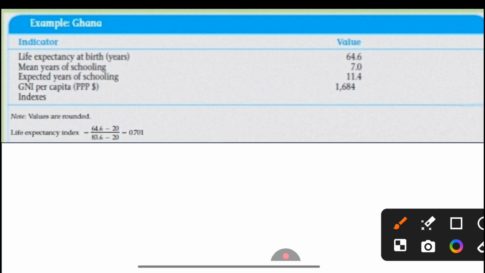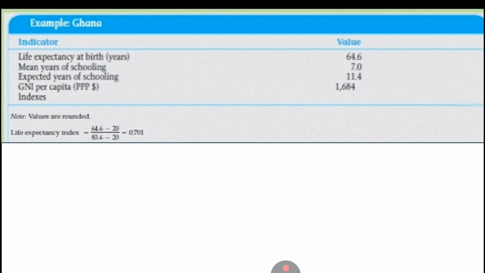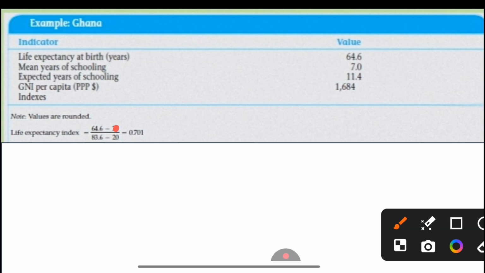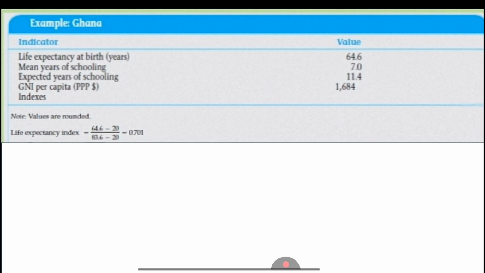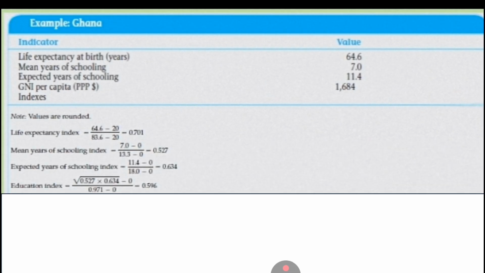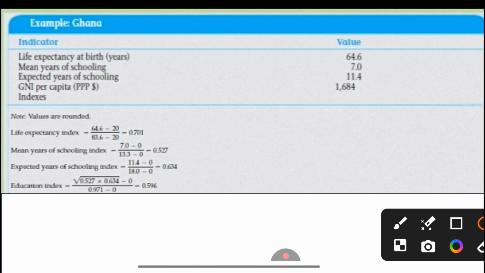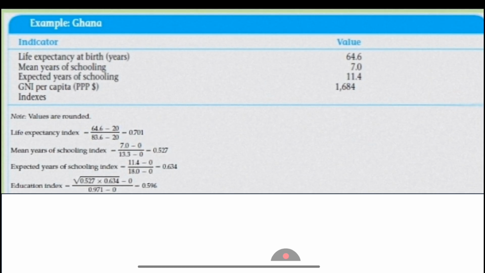Here we can see the actual is 64.6. We calculate the life expectancy index and get 0.701. Next is the mean years of schooling index, which we get at 0.527.